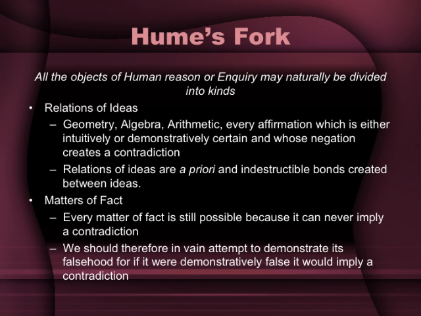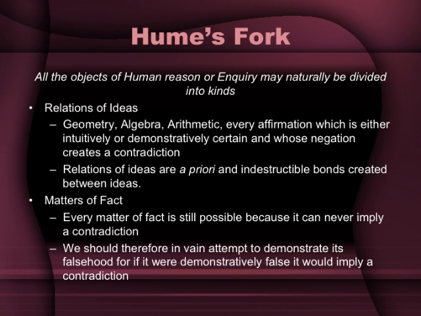He says every matter of fact is still possible because it can never imply a contradiction. And you see, every other aspect of reasoning that doesn't fall within relations of ideas are considered matters of fact. When I say the sun will not rise tomorrow, that does not imply a contradiction. While many will say, well, the sun is going to rise tomorrow, Hume is specifically saying, how do you know?